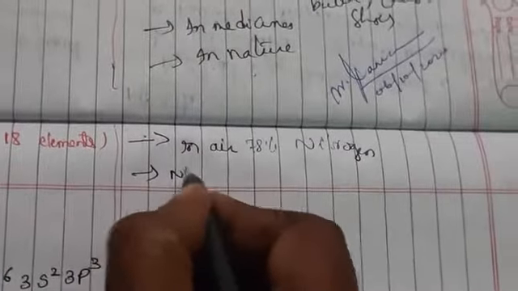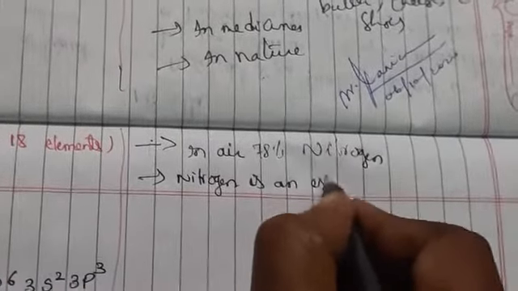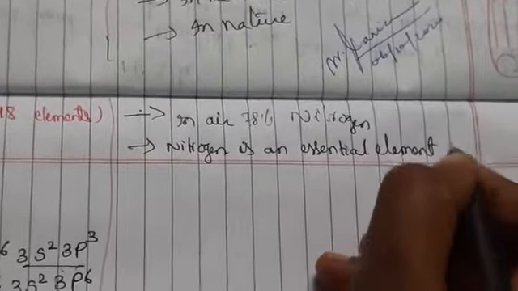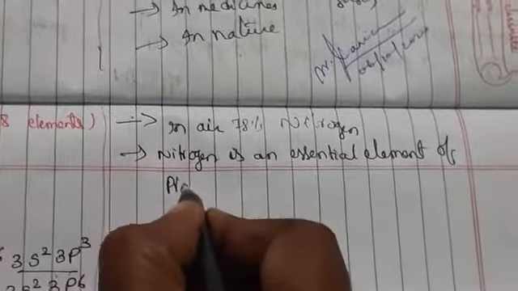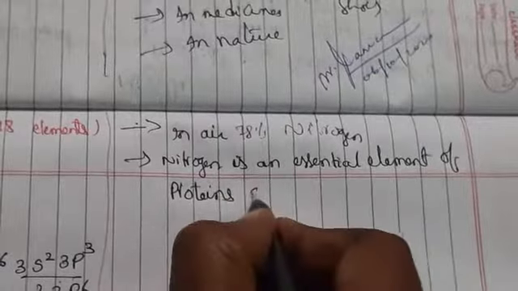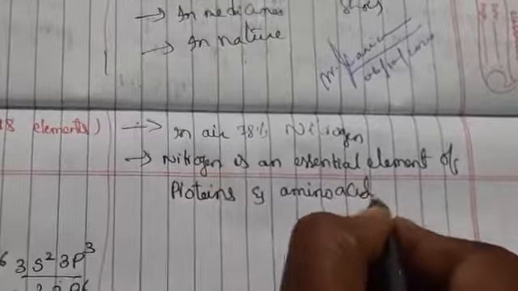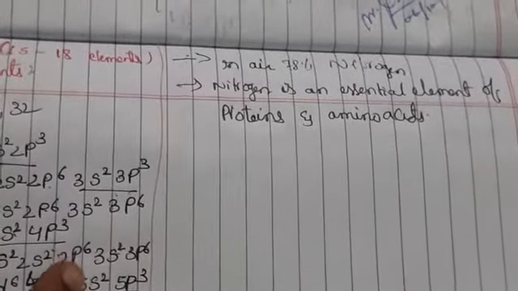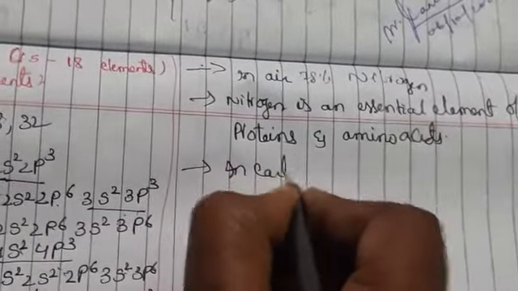Nitrogen is an essential element of proteins and amino acids.